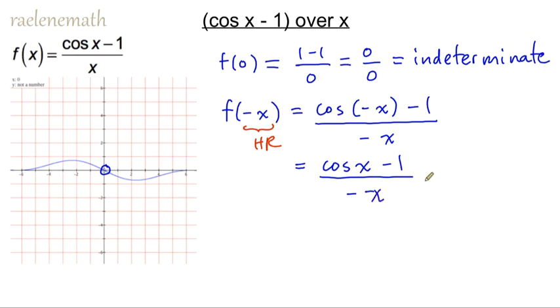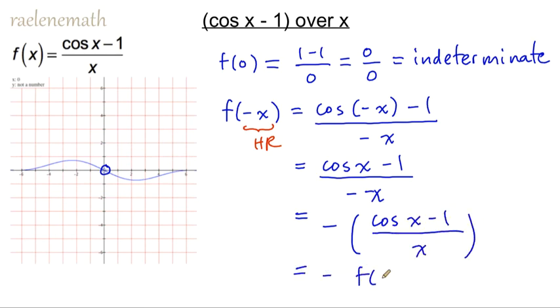So overall, we have that this function is equal to negative times the original function, which is negative f of x. And so we see that performing a horizontal reflection on the original graph is equivalent to performing a vertical reflection on the original graph, and so the function has odd symmetry.